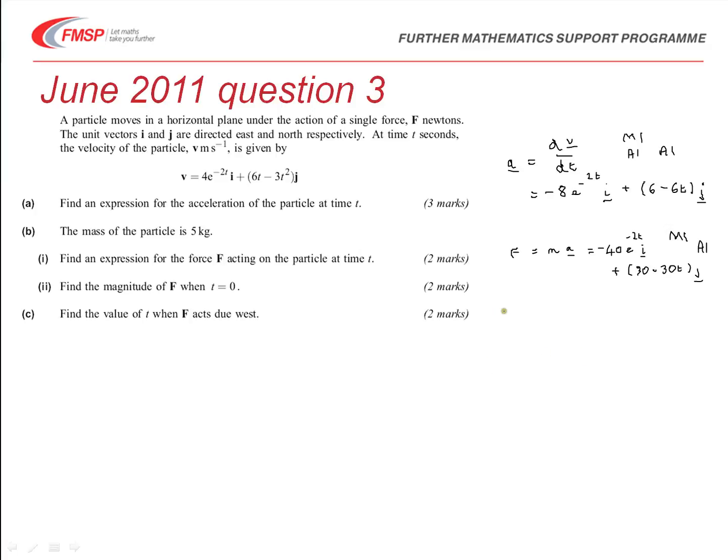Next, part b says find the magnitude of F when t equals 0.